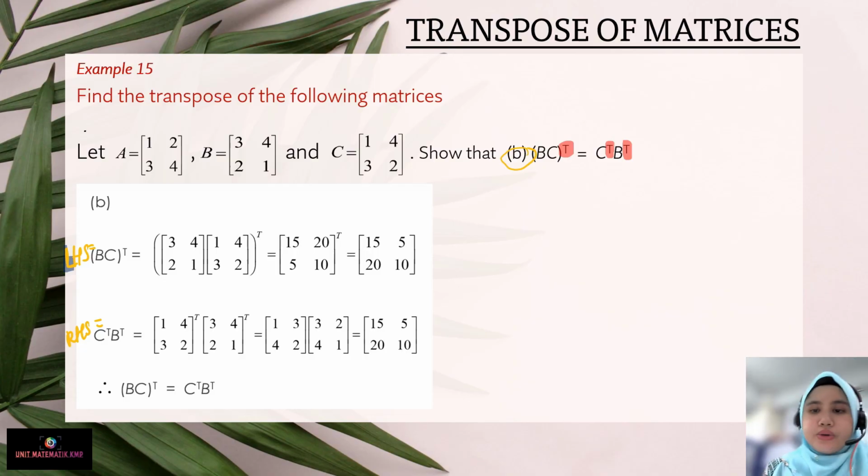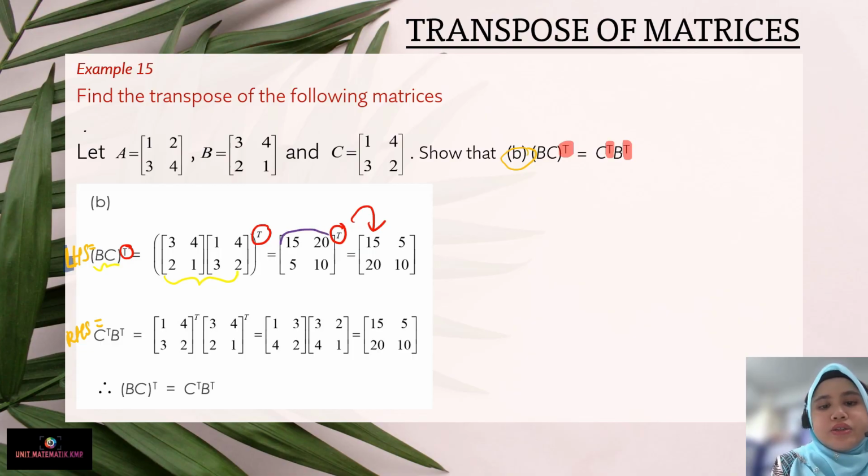On the left hand side, we have (BC) transpose. The transpose is outside, so we need to multiply matrices B and C together first. We settle the multiplication and then we transpose. Check your transpose and make sure it is correct.